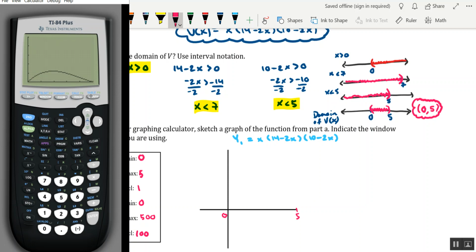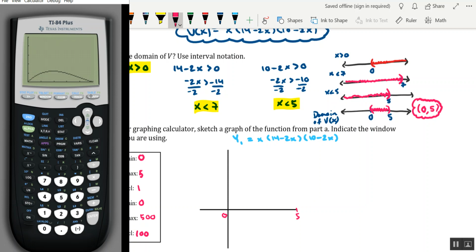All right, so 500 was probably more than what was necessary for the y max value, but I'm okay with leaving it at 500. If you wanted to lower it a little bit, that's up to you. But just make sure that whatever you change y max to, you're still able to see this hill in quadrant 1.